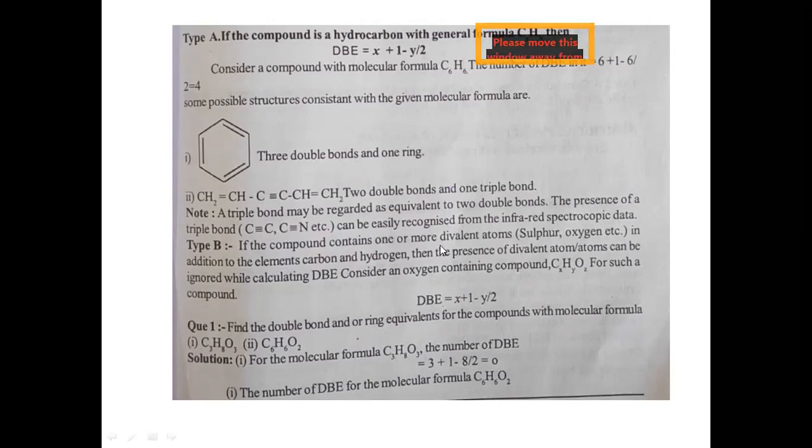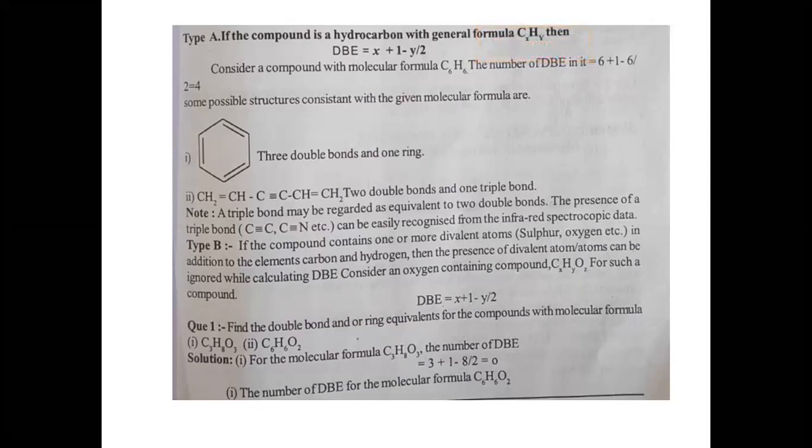If the compound contains one or more divalent atoms like sulfur, oxygen, etc., in addition to carbon and hydrogen, the presence of divalent atoms can be ignored while calculating the double bond equivalence. You should not bother about how many oxygen atoms are there.